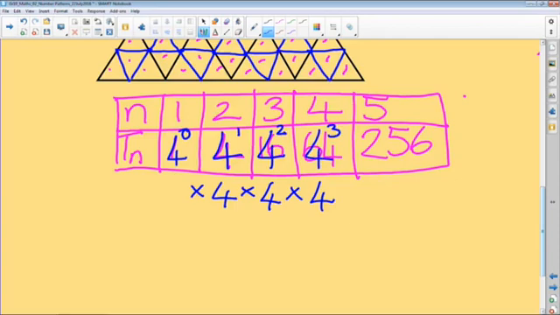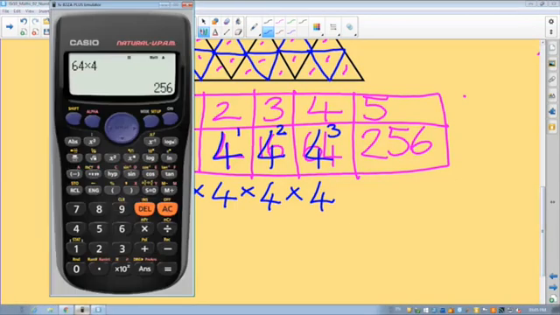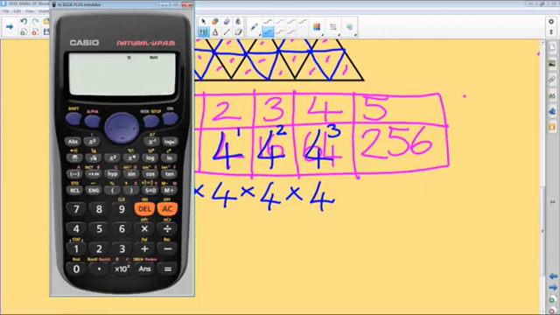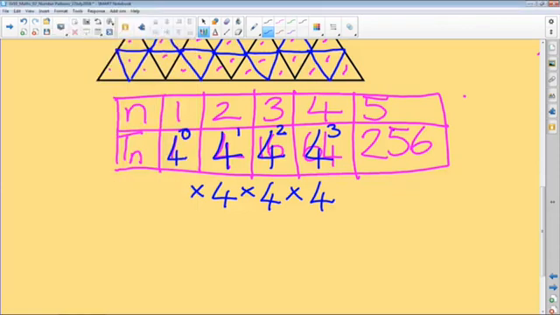Is 256 4 to the power of 4? There's only one way to check, and actually there are more ways than one, but we'll use our calculator. 4 to the power of 4 is 256. So we have our pattern.